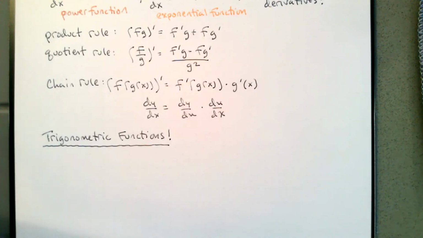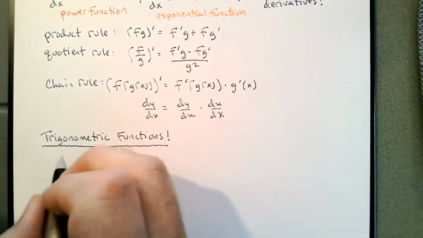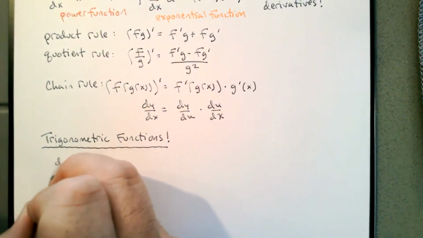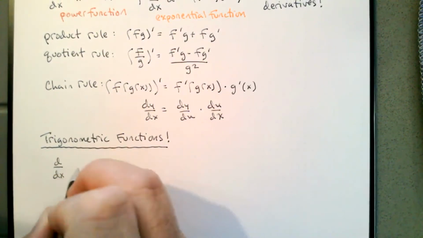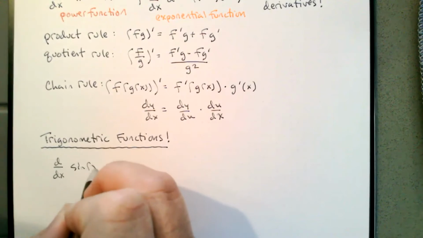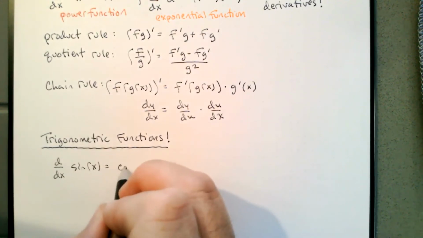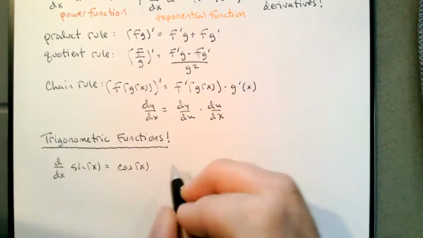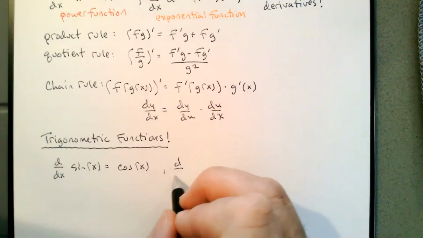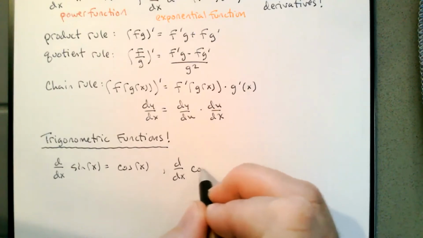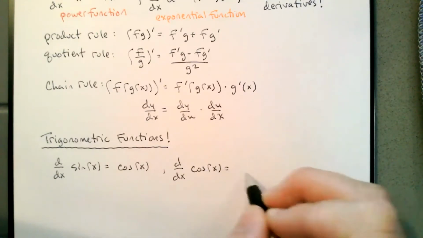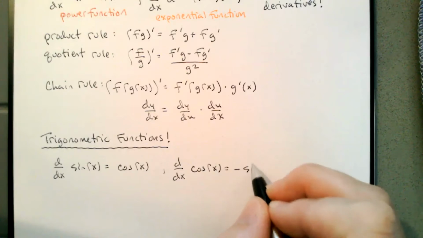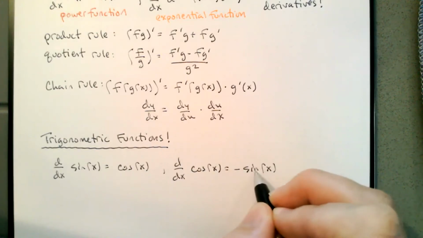Let's just write down what they are, and then we can think about their graphs and what this means later. The derivative of sine of x is equal to the cosine of x, and the derivative of cosine x is minus 1 times the sine of x.